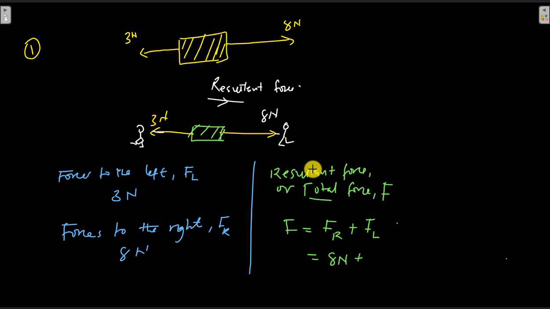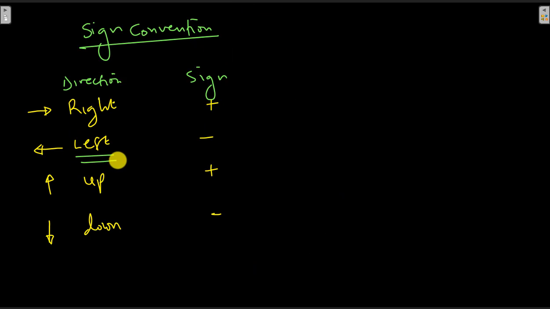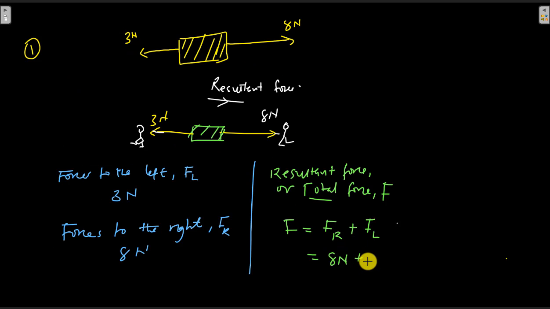But by convention, we know that all forces to the left are given a negative sign. So I'm going to call this negative 3 newtons. That's by convention. So 8 plus negative 3 is 5 newtons.